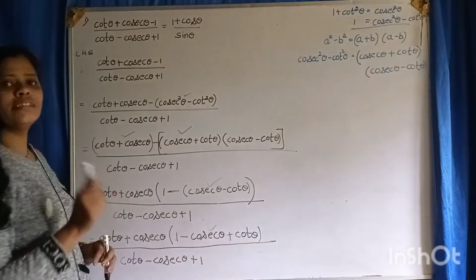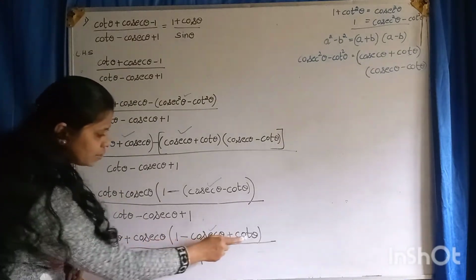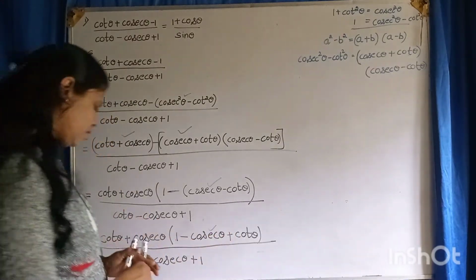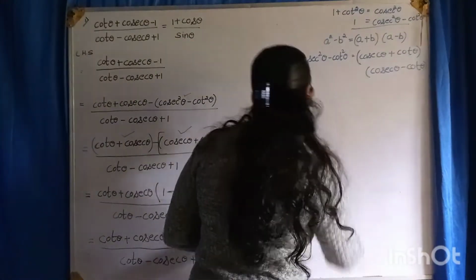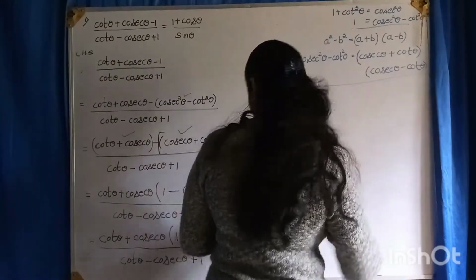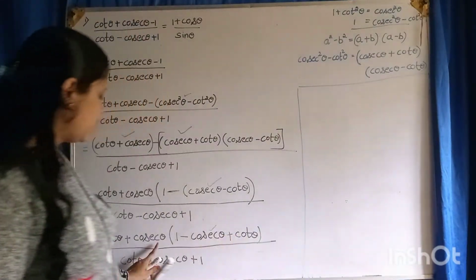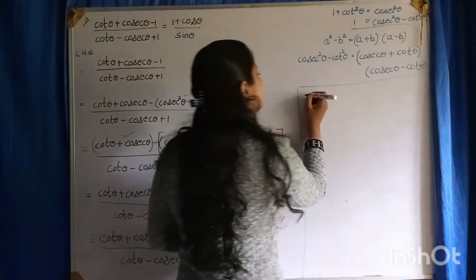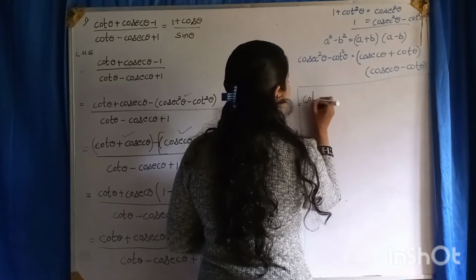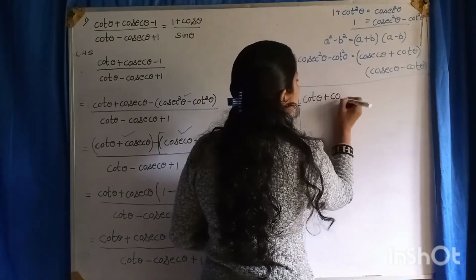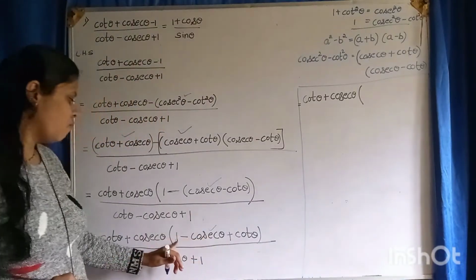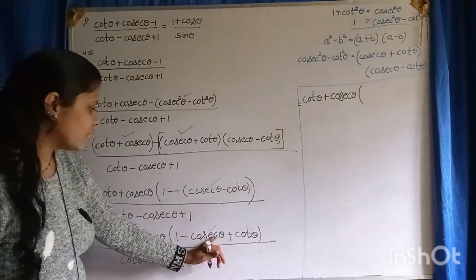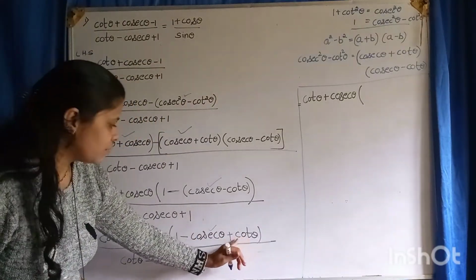Now, see here, I will just change the place of this one. Okay. Just I will alter the place of this one. That is cot theta plus cosecant theta, I will write as it is, cot theta plus cosecant theta into 1 minus cosecant theta plus cot theta. I will change the place of this one. Okay.